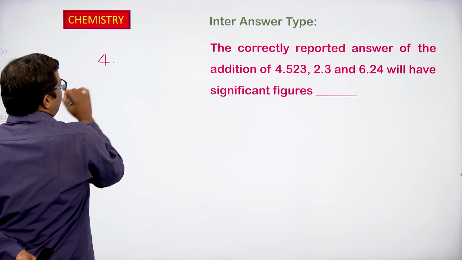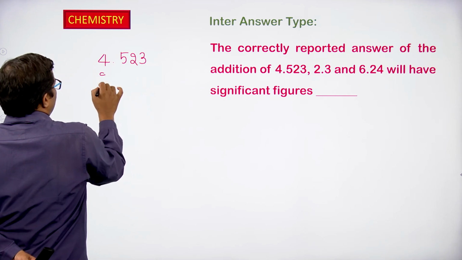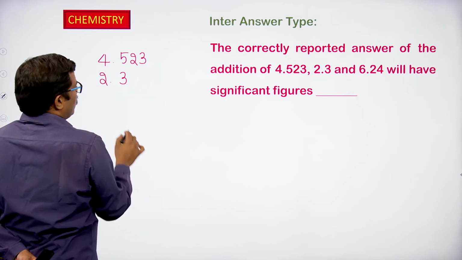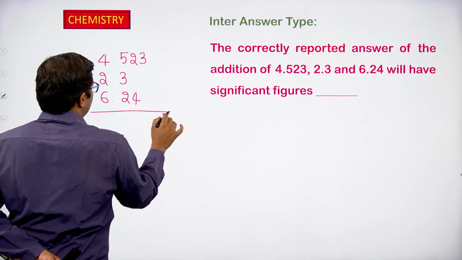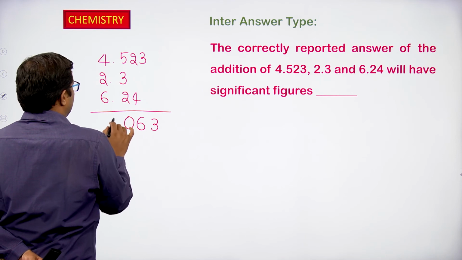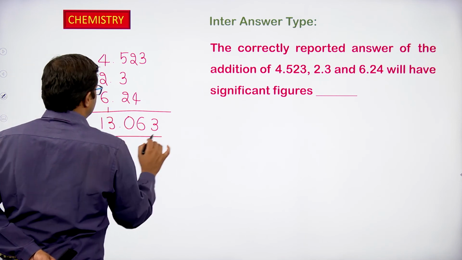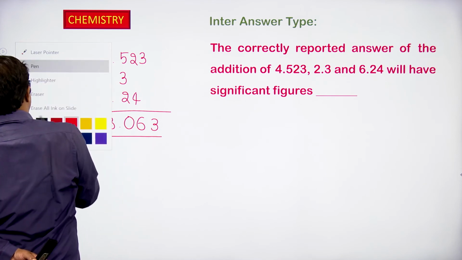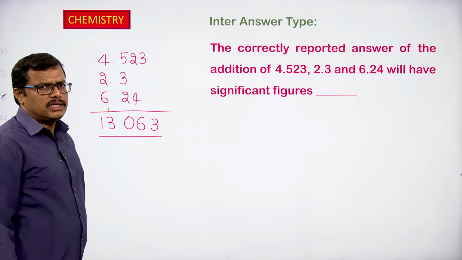So, the numbers are 4.523, 2.3, 6.24. First go and add the numbers, it is 13.063. Now, is it the correct way of giving the result?